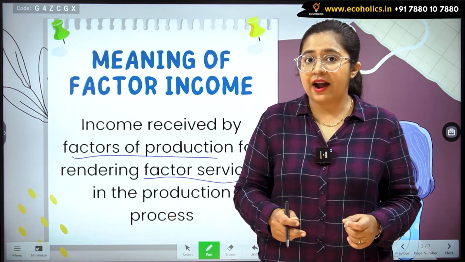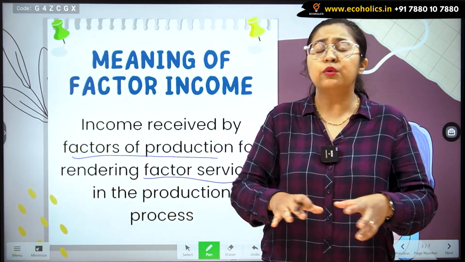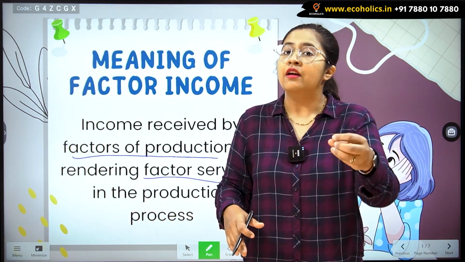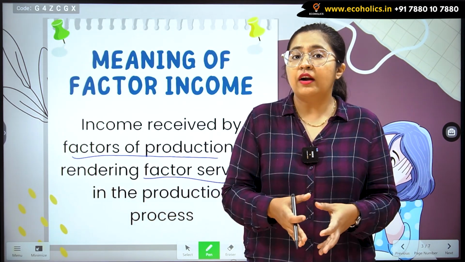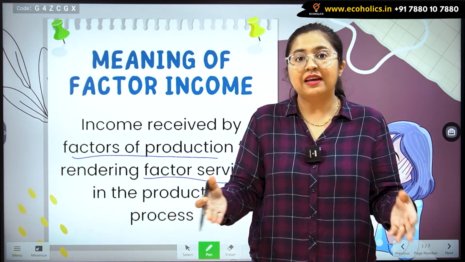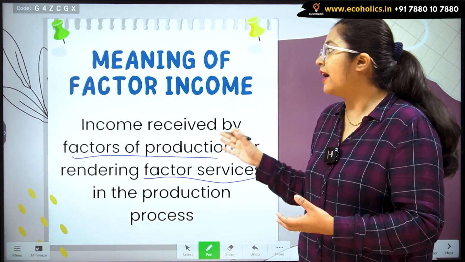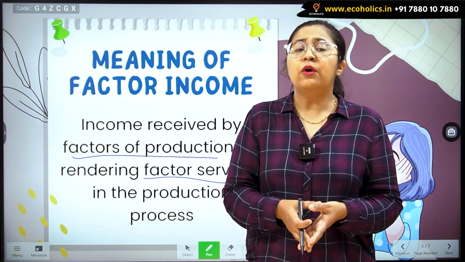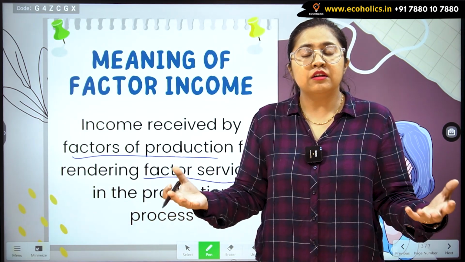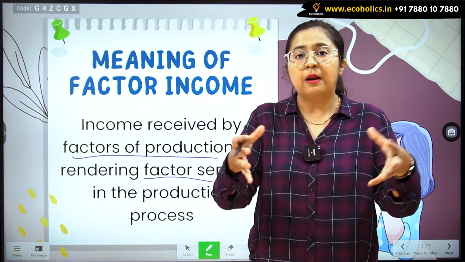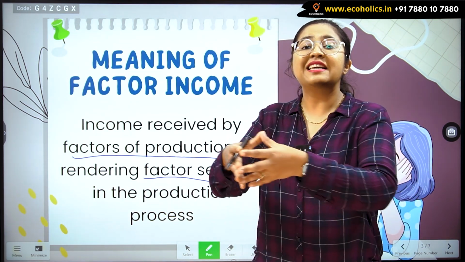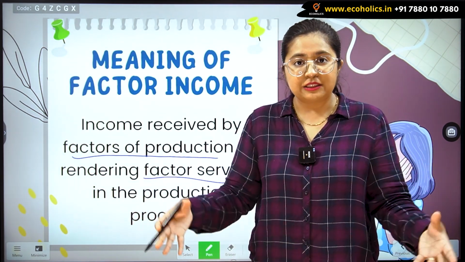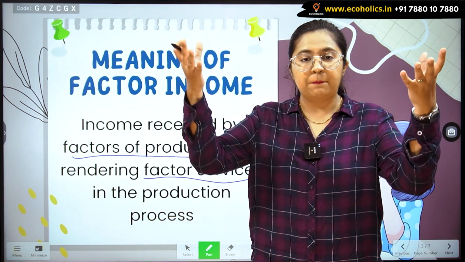So one piece of land can contribute to a variety of things, which is why it is a very integral factor of production, and it receives rent as the factor payment or factor income. Similarly, capital is a whole lump sum amount of money that is invested in purchasing an enterprise or constructing a business.